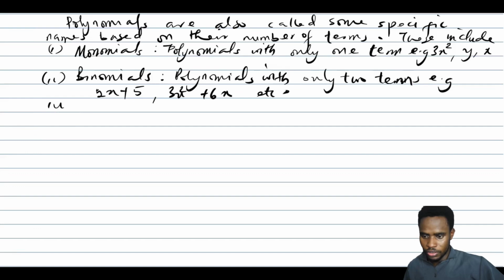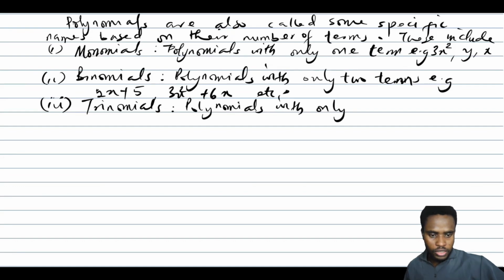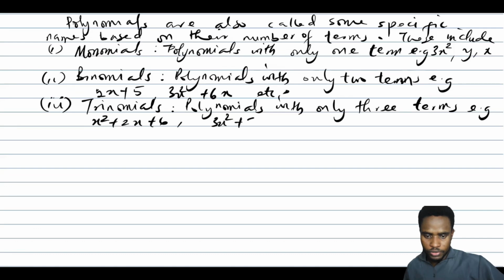Another one is trinomials, polynomials with only three terms. Example, you have x squared plus 2x plus 6, 3x squared plus 7x minus 6, etc. So these are trinomials.